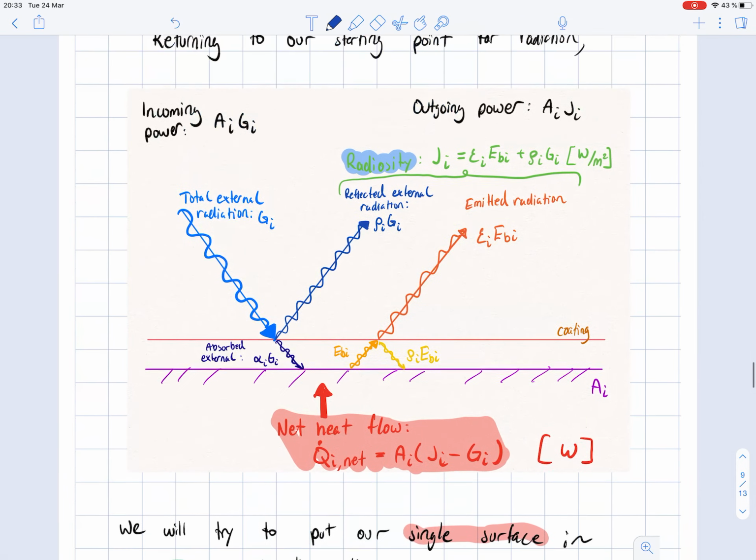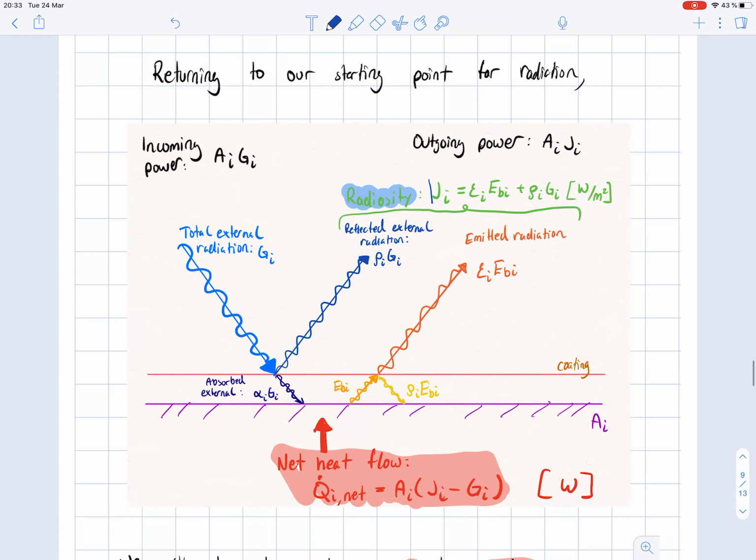Refer back to this figure. The radiosity equals the emitted radiation plus rho I Gi, which is the reflected external radiation. So the radiosity itself depends upon this G, the irradiance.